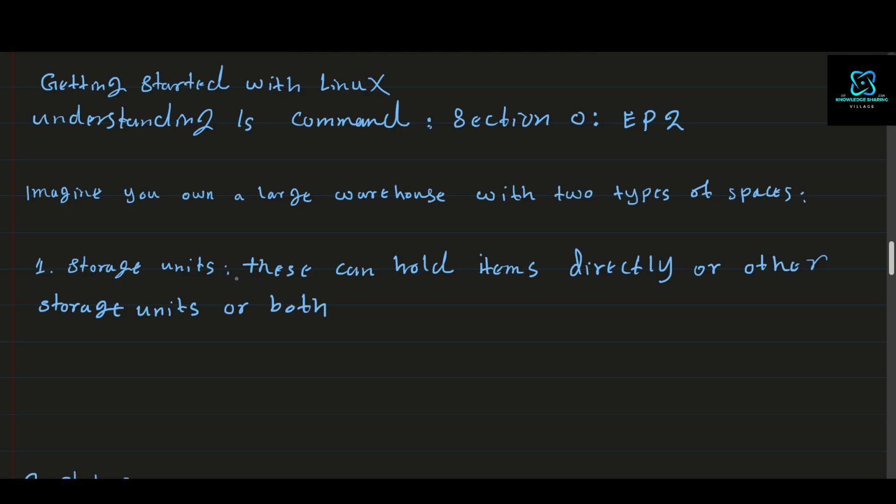So first, we have a large warehouse which has two types of spaces. The first type is storage units. These storage units can hold items directly or storage units or both of them at the same time.